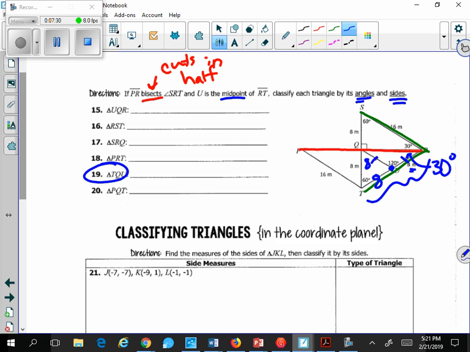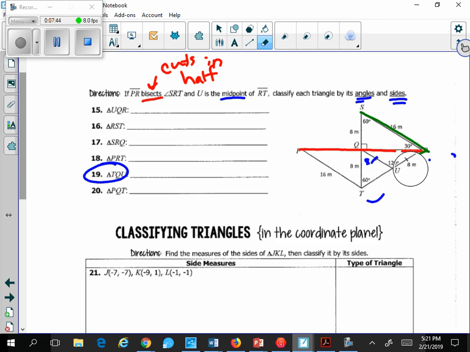What that looks like when I'm classifying by angles and sides is I'm saying, okay, let me look at all the angles. All of the angles in here, let me erase some of this stuff.